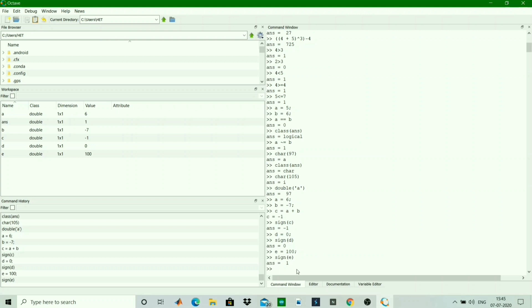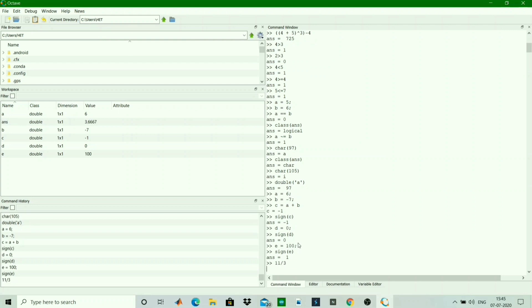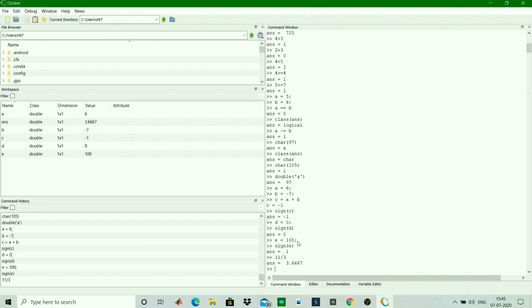Then if you want to find a remainder of a division problem, like we have seen, 11 divided by 3 would give a fraction or a decimal value, but in many cases we need to know the remainder of an expression like 11 by 3.